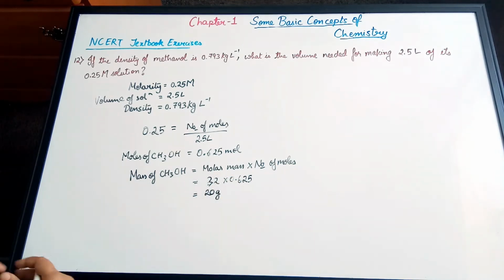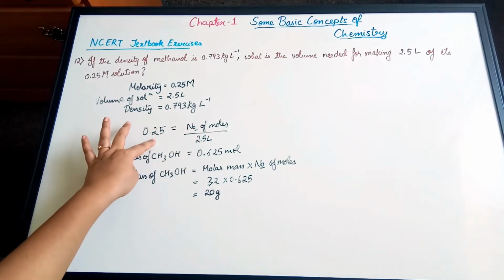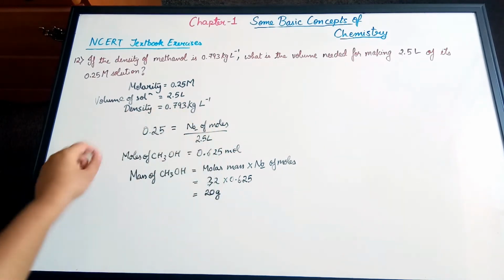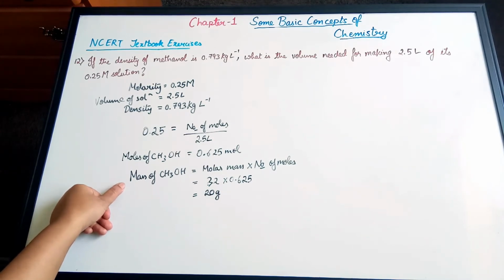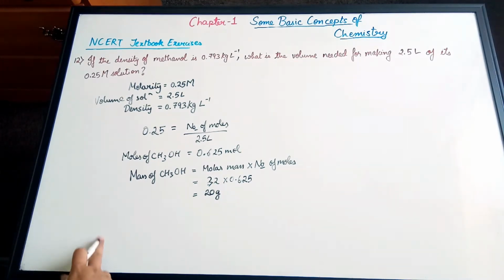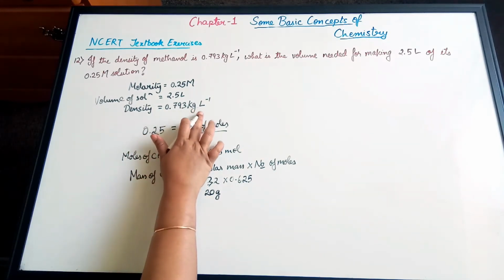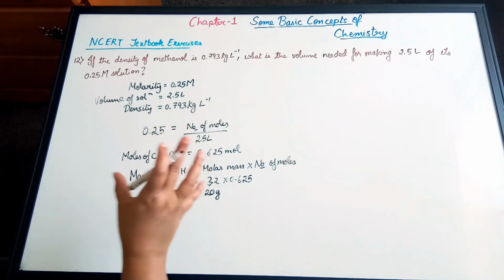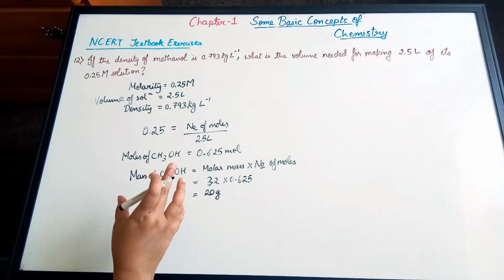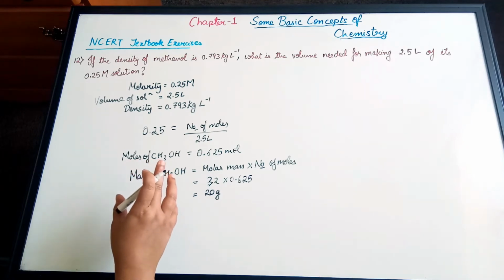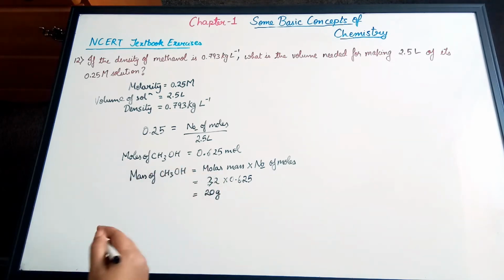Okay, so here first we are taking the molarity equals the number of moles divided by 2.5 liters. This simply gets multiplied with this to give us 0.625 moles, the number of moles. Then we calculated the mass of methanol. Now, as we have the density over here, the unit is kilograms per liter, which means in 1 liter of that particular solution, the quantity is 0.793 kilograms.